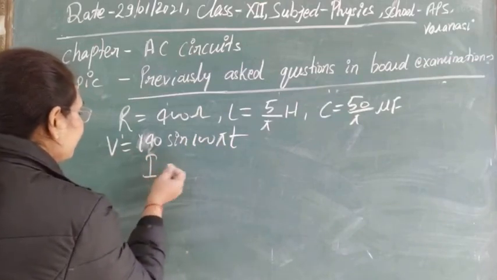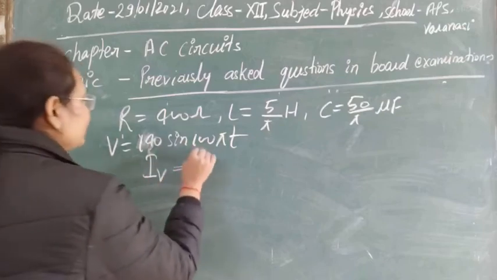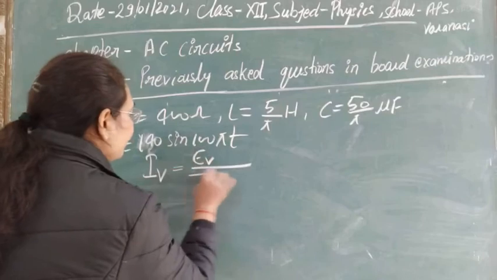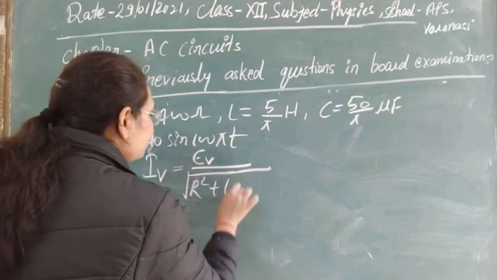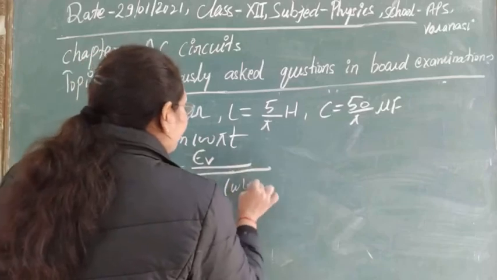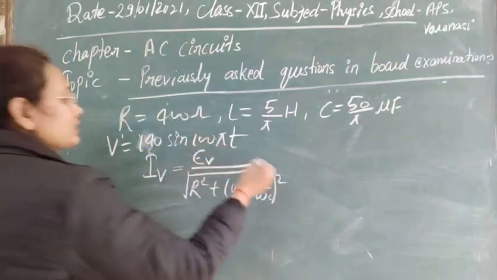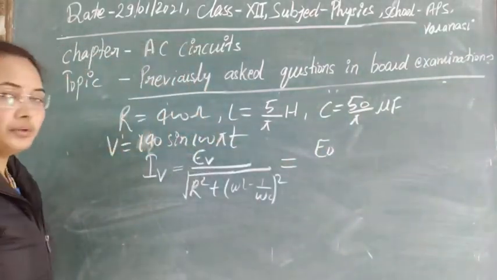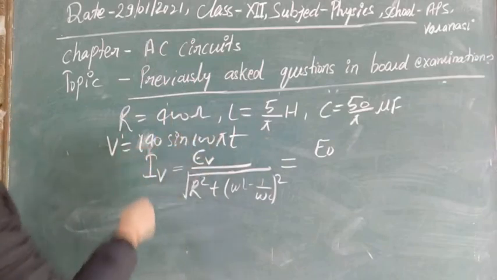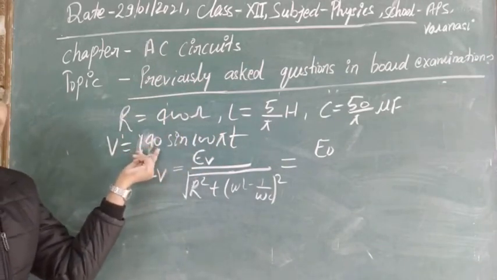So the value of current, I average, is given by E average upon Z. Z is the square root of R square plus omega L minus 1 upon omega C whole square, and E average can be calculated by E0 by root 2. From this expression we can see the value of E0 is 140.